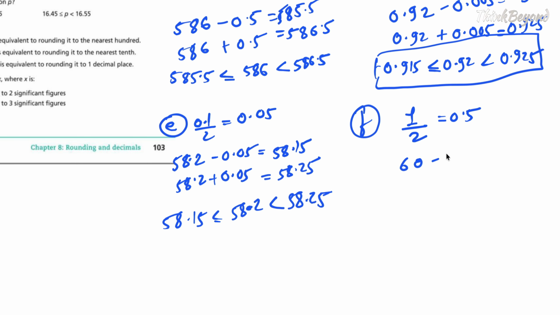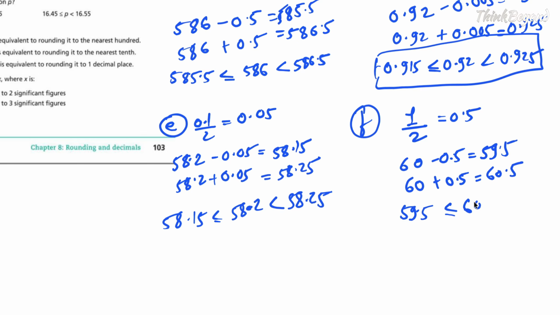So do 60 minus 0.5. You will get 59.5. Now 60 plus 0.5 is 60.5. So the inequality becomes 59.5 is less than or equal to 60, which is less than 60.5. This is the inequality for question F.